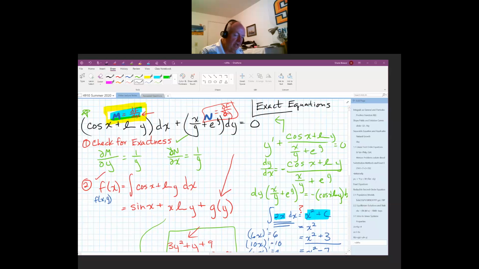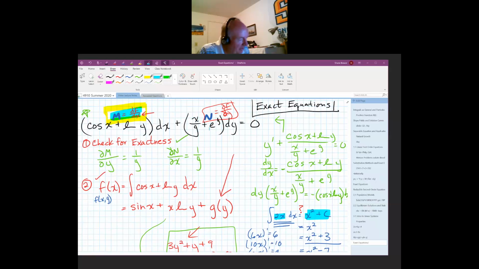And just real quickly, how do you recognize this? Well, it's not homogeneous. You can look right away and see that I have no idea what the degrees of these terms are, and they're certainly not the same. So it's not going to be homogeneous.